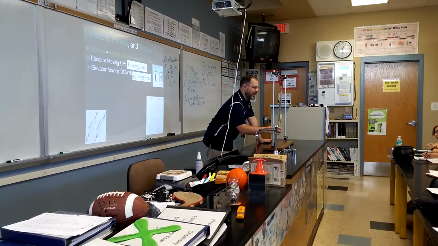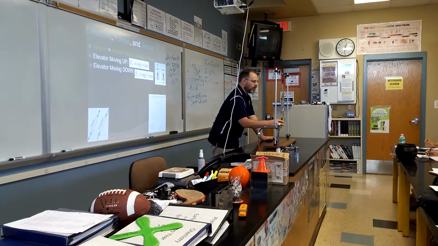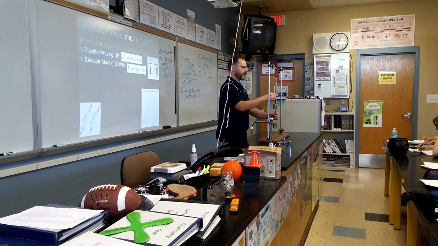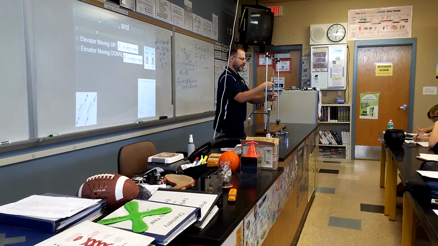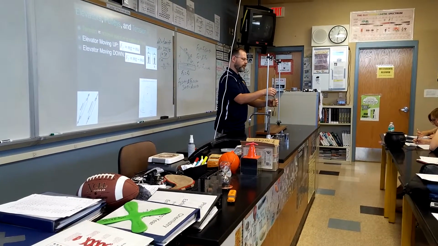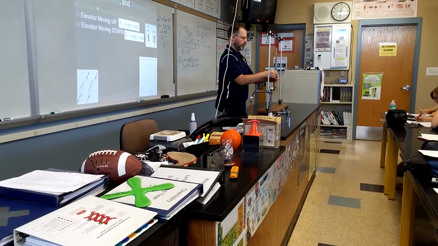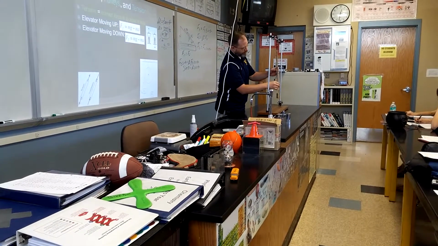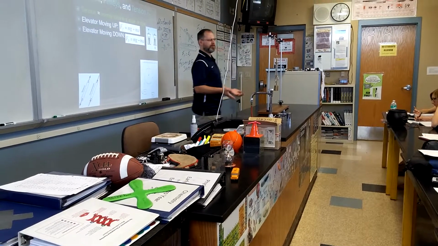So it's changing a lot. The spring scale is upside down, by the way. So when I go up, look what happens to the spring. Less force. When I go down, notice what happens to the spring. It's more force. Does that make sense?